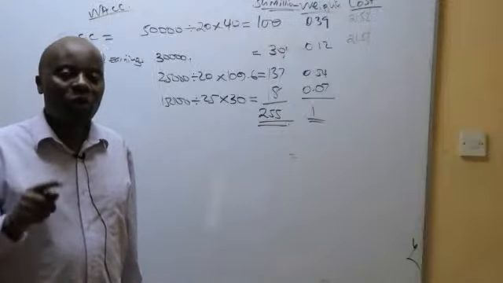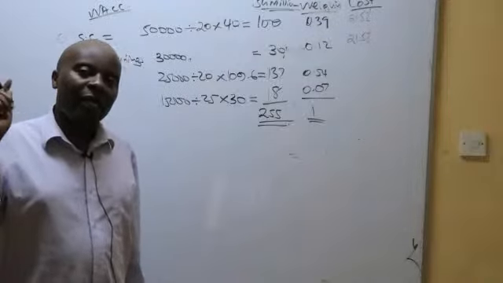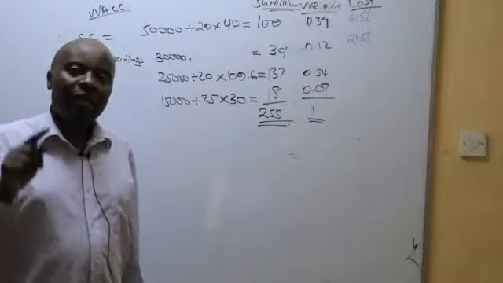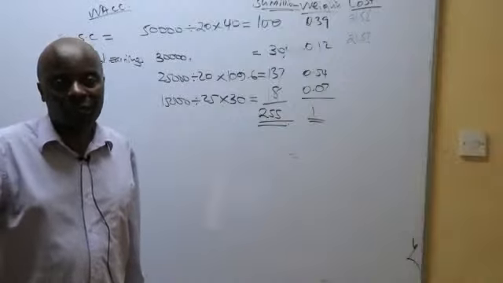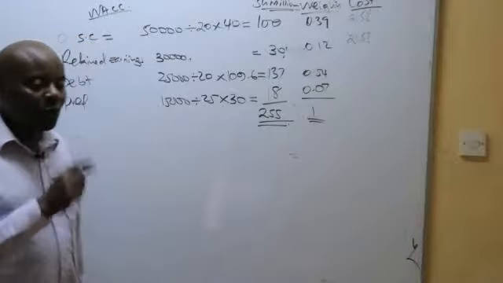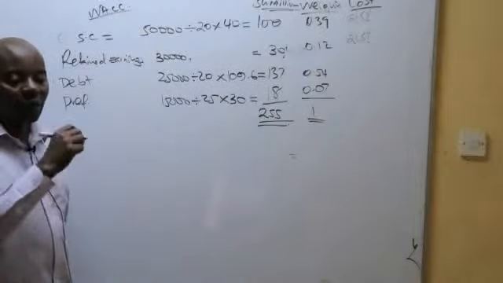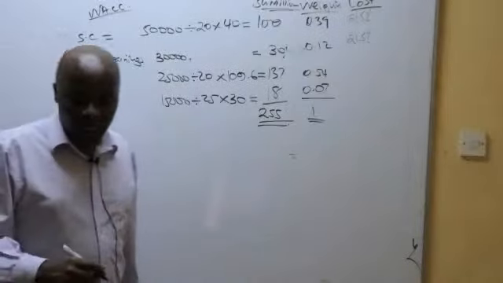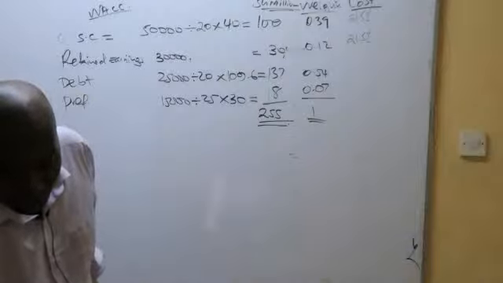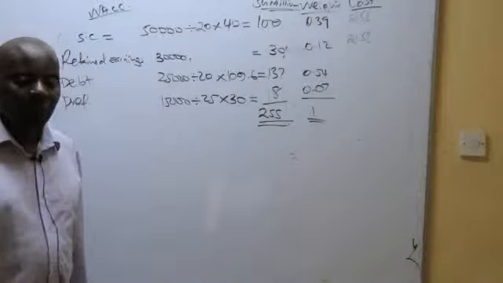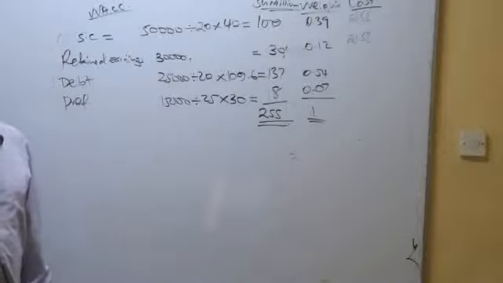If flotation cost was there, then the cost of equity ordinary shares would have been different from the cost of equity retained earnings, because ordinary shares would have taken into consideration the flotation.